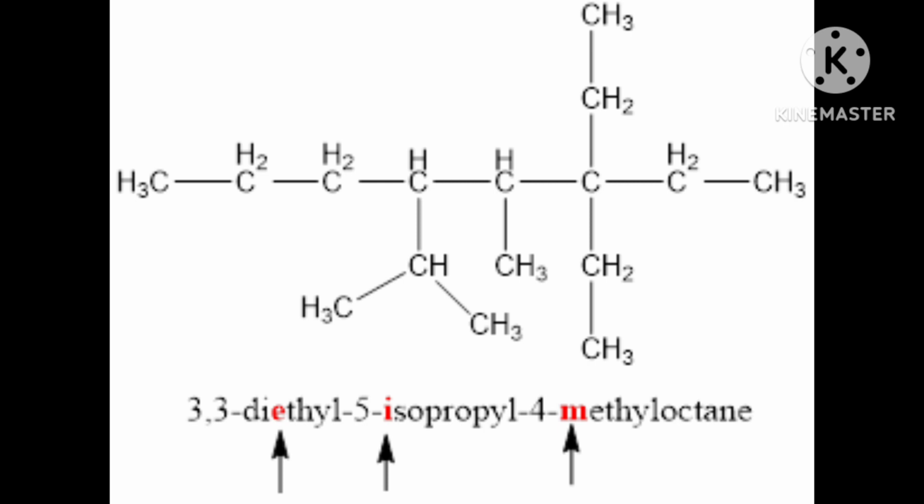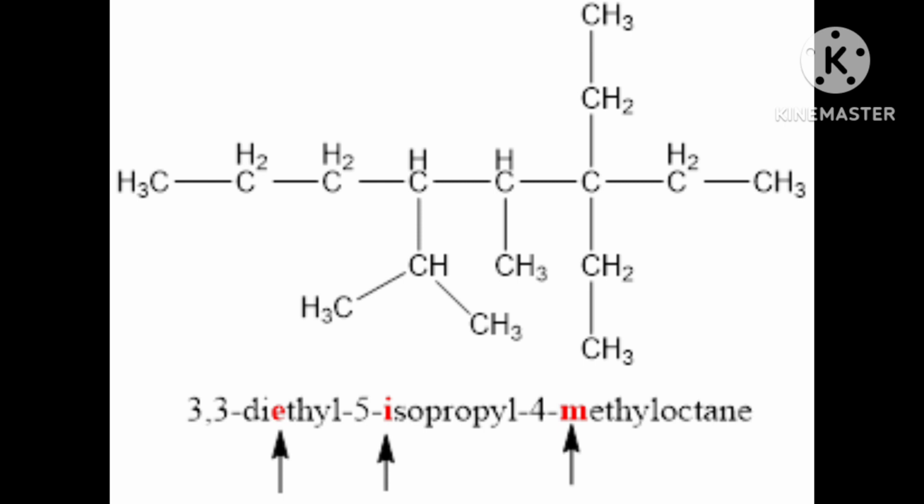Then what will be the alcohol? Where the open valency is at carbon 3, there it will attach. You can write the same structure, only OH you have to attach at carbon 3.